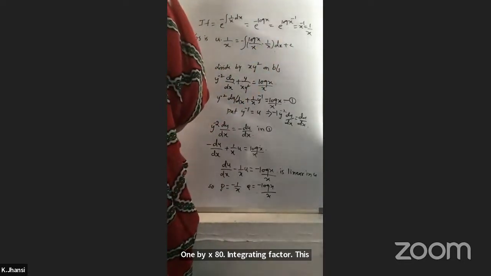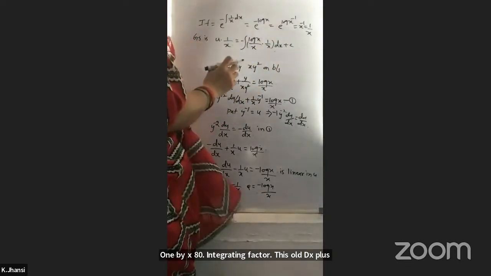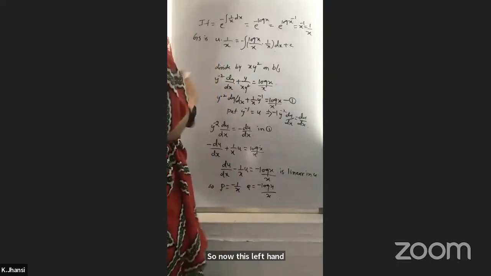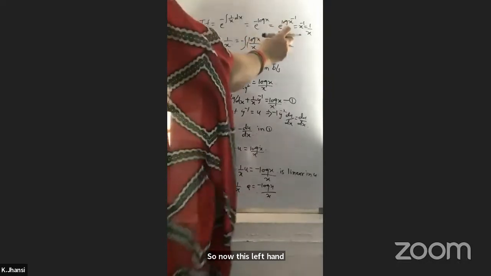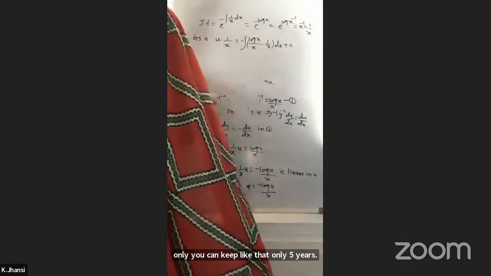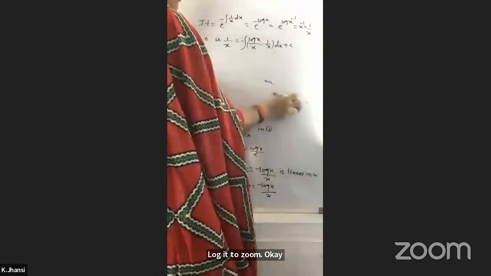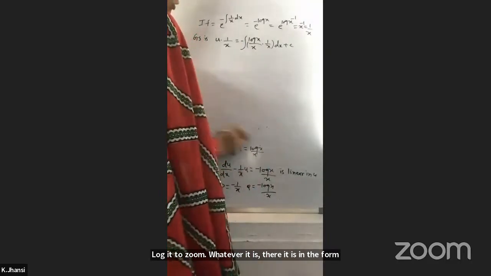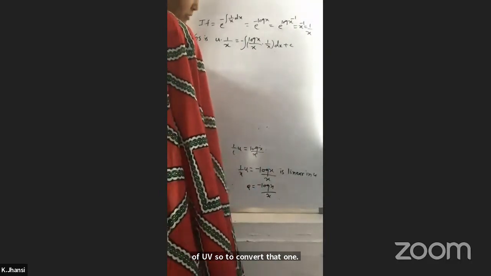Now this left hand side is simple, you can keep it like that. But here log x into whatever it is there is in the form of uv, so to convert that one we have to do the integration by parts.